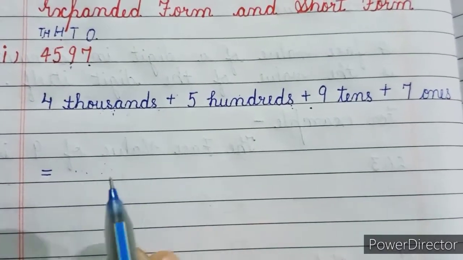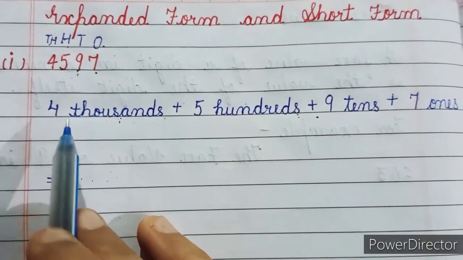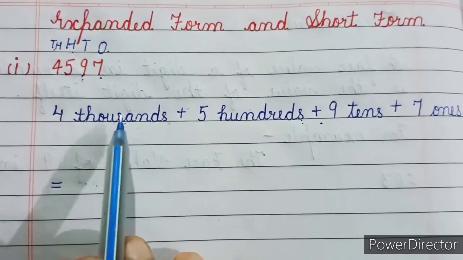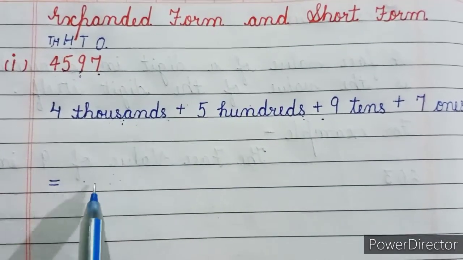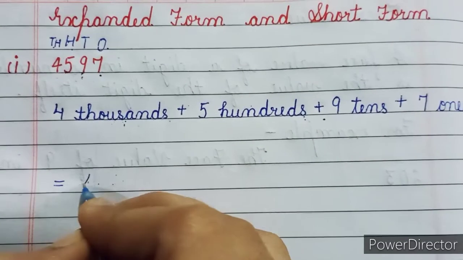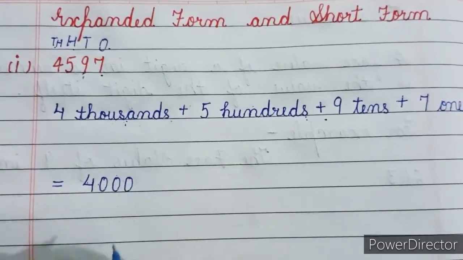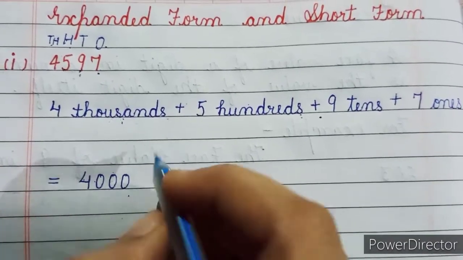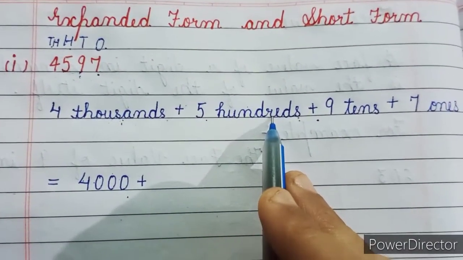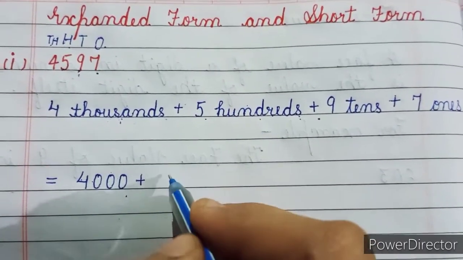How will we write in the second way? See carefully. 4 is thousands, so 4,000. Plus 5 is hundreds, so 500.